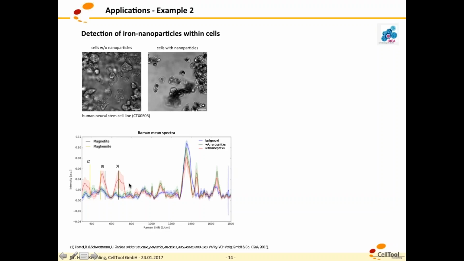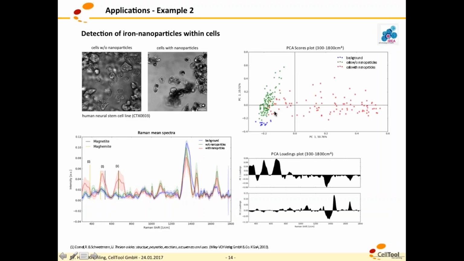And if you have a look at the Raman spectra, you see here again mean Raman spectra with standard deviations. Especially in this part here, the cells treated with nanoparticles show a really different spectrum, whereas these three peaks could also in literature be associated with magnetite and manganite, which are both iron oxides. So what we see here are indeed the iron nanoparticles within the cells.